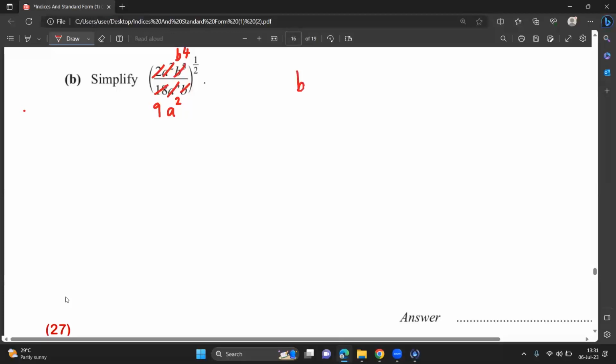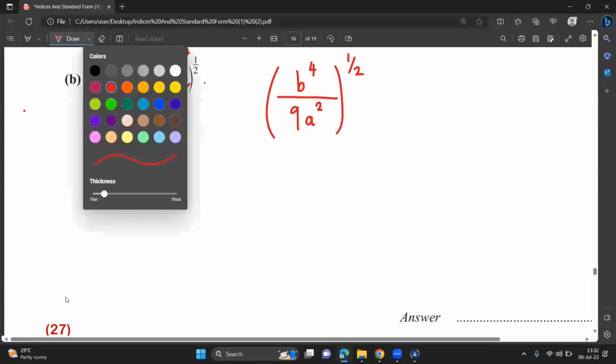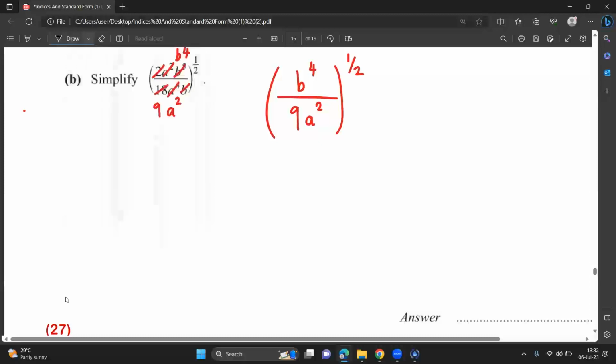So if you are writing this fresh, b to the power 4 divided by 9a squared to the power half. This half belongs to b, belongs to a, and belongs to 9. Tell me what happens to the power of b? What happens to 9? What happens to a? Very good. Yes, that is just simplification. You didn't still apply the power. Okay?